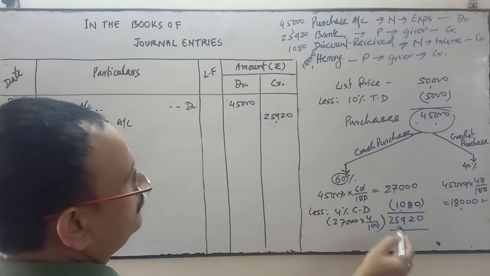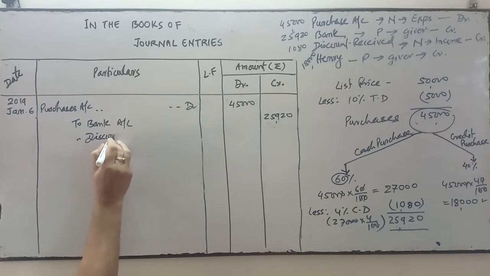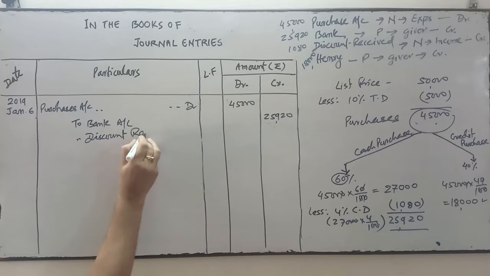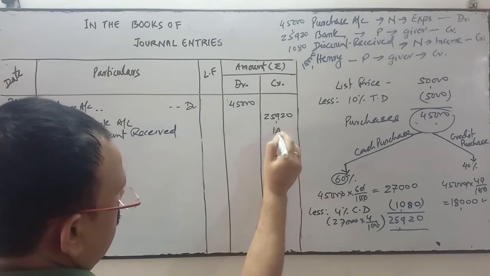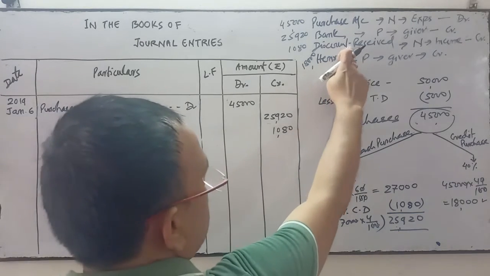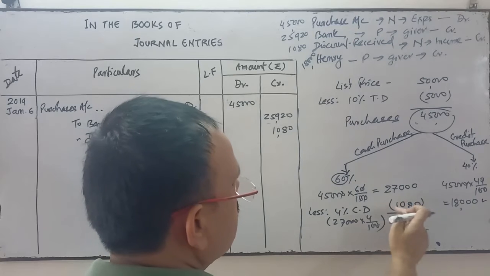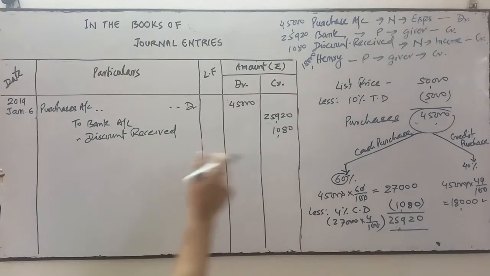Then discount received. Discount received is the income. All incomes and gains are credited. This is the 4% discount we have received, 1,080 in the credit column.